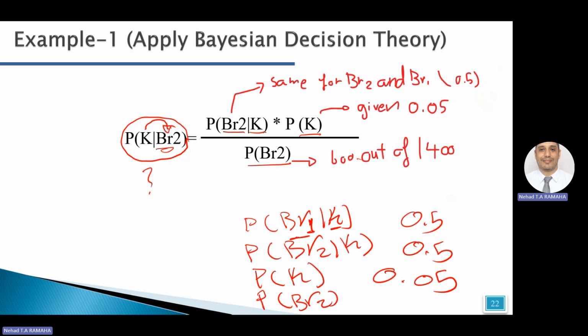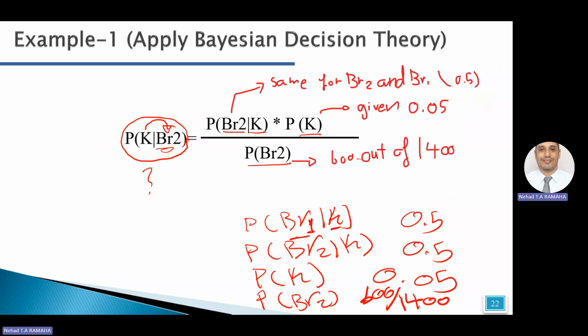What's the probability of blue? 6 blue balls divided by 10, the total number. Same here. Probability of BR2 is the number of BR2, which is 600, divided by the total number, 1,400.